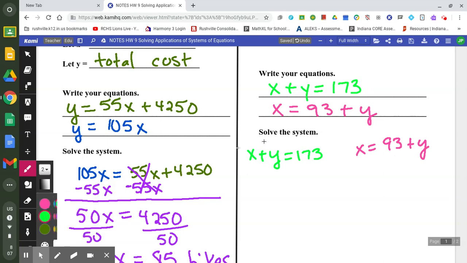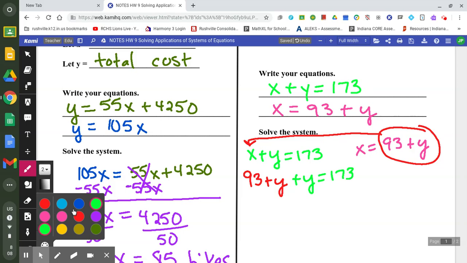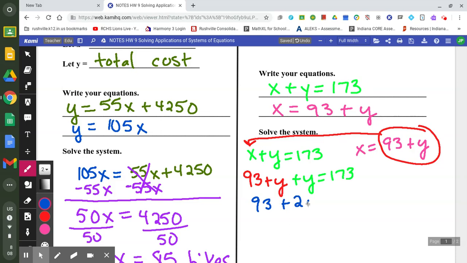This equation is already ready for us to substitute into this problem. So instead of writing the X, I'm going to write 93 plus y. I still have the plus y equals 173. So now I have 93 plus 2y equals 173.